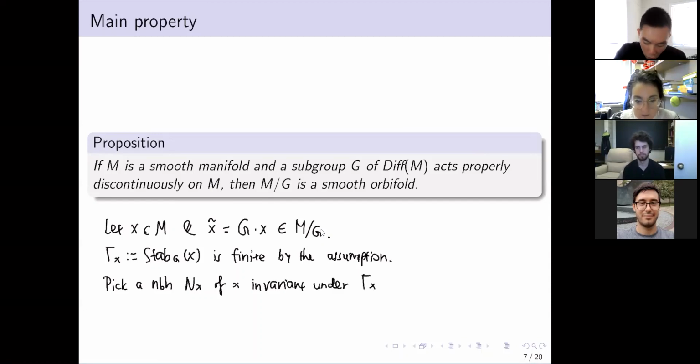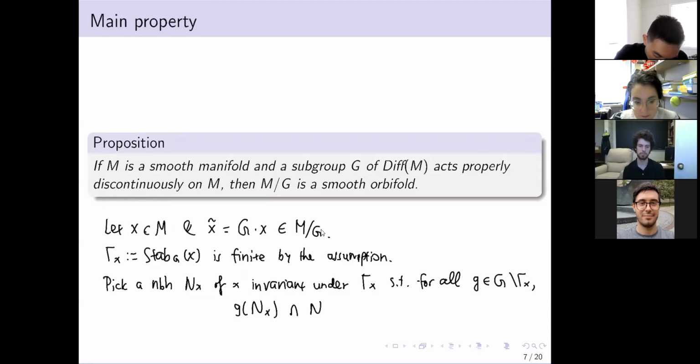It's not difficult to construct such a neighborhood, but I want this to be small enough such that for all group elements g that are not in the stabilizer, so the ones that map x to somewhere else, the image under this group element must be disjoint from the original neighborhood N_x.